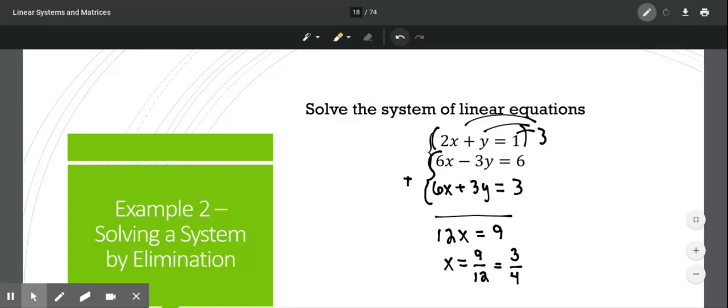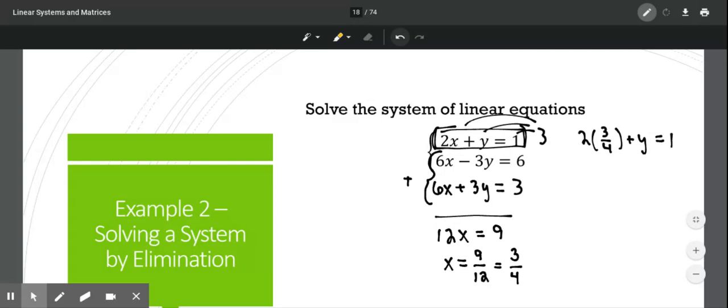And then what you can do is substitute back in for x. So in this case, I would have 2 times 3/4 plus y equals 1. I just plugged back into that original equation. Either one will work.